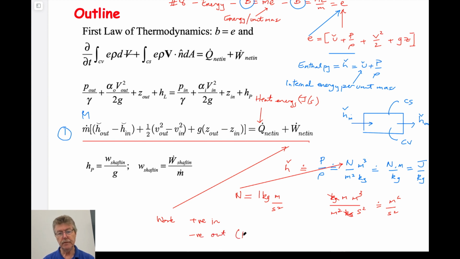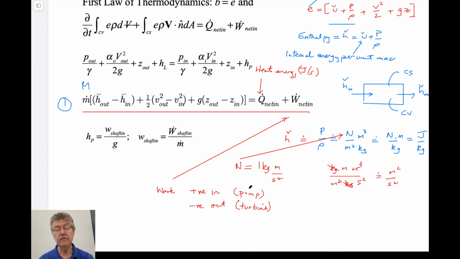So this would be a turbine, and this would be a pump. So in a turbine, you put some hot fluids in, and you get some work out of the system as a result of that. And you just have to use the right sign convention.